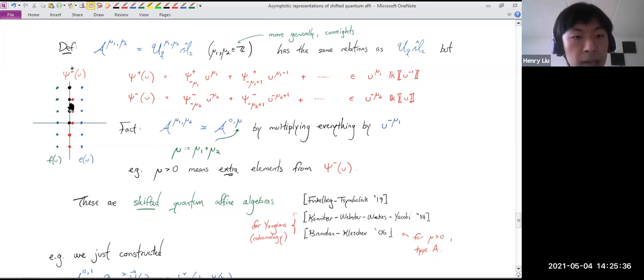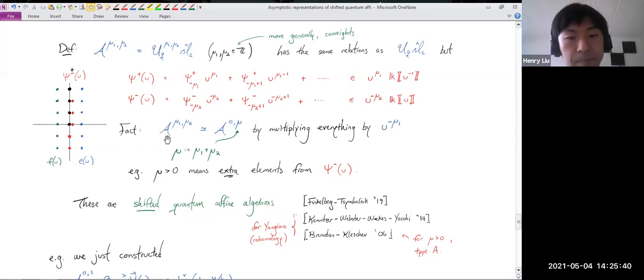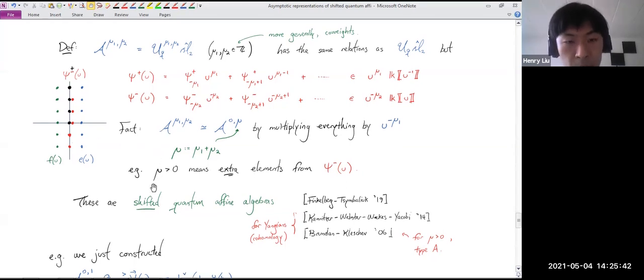And psi minus might start later or before. So for example, if mu is positive, then psi minus starts earlier than it should. So there's extra coefficients, which will mean you have, in some sense, extra elements inside your shifted UQSL2 hat.